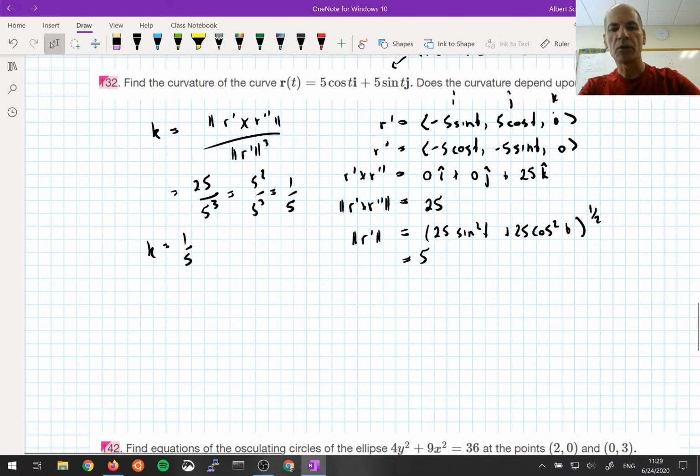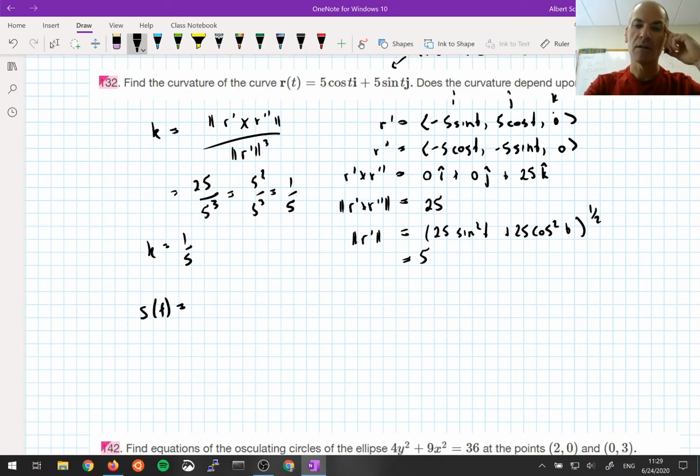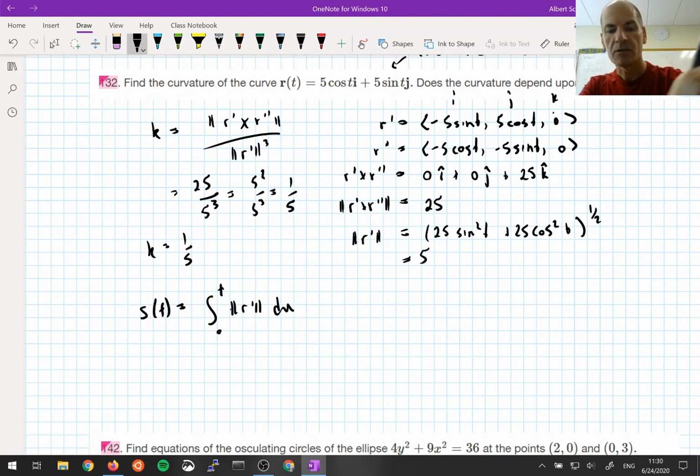Actually, I'm going to do one more thing here because I didn't give a specific exercise for this. Let's find the arc length function associated with this particular curve, starting at 0 and going up to t, integrating the magnitude of r prime du.